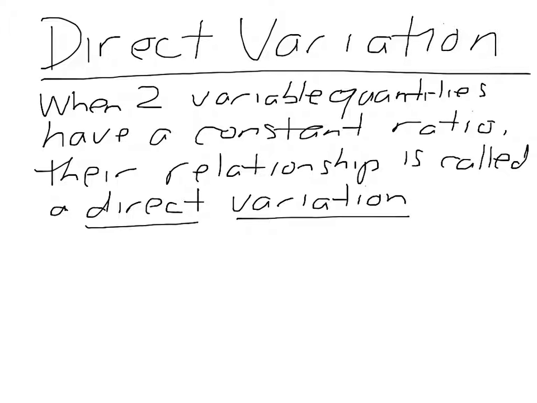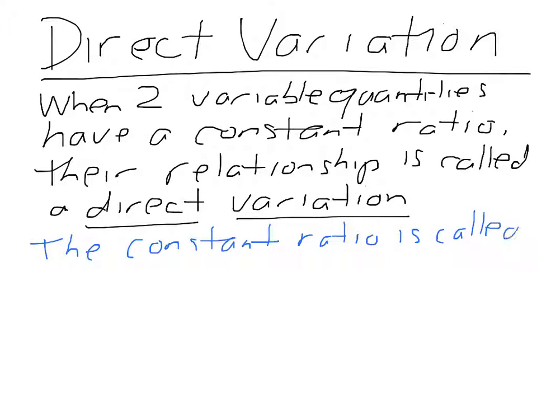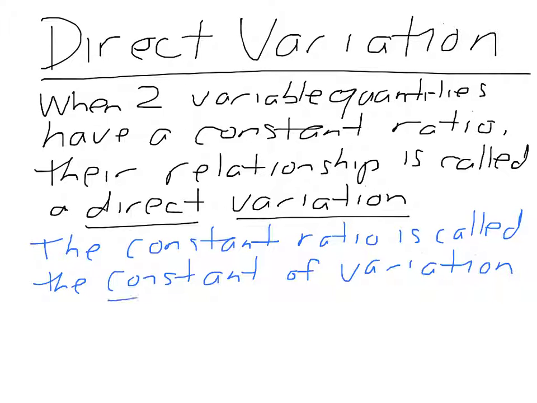What we need to add on here is that the constant ratio is called the constant of variation.